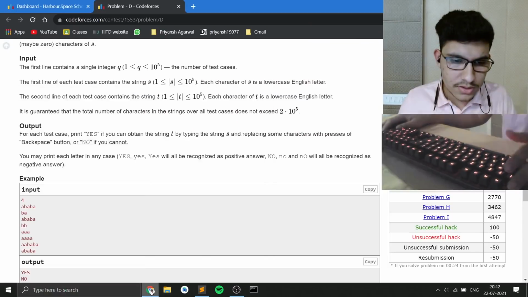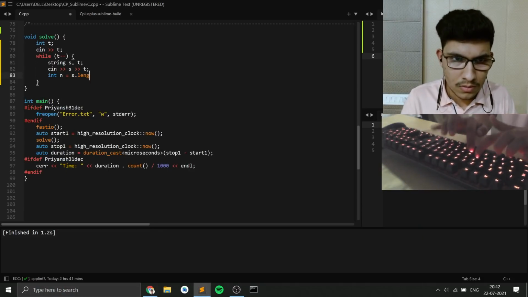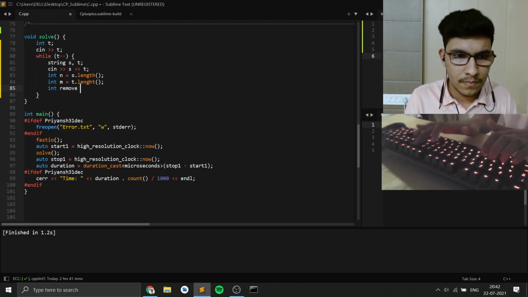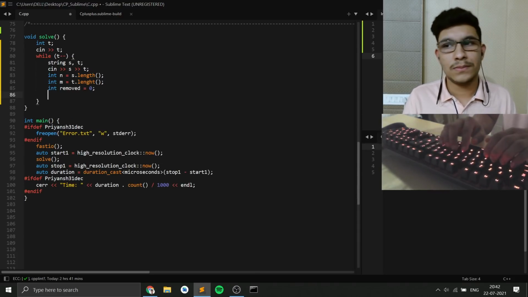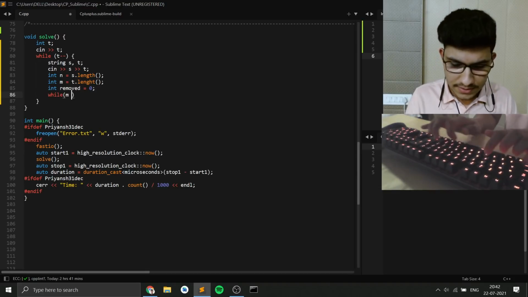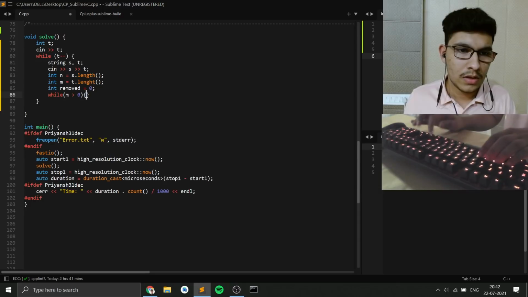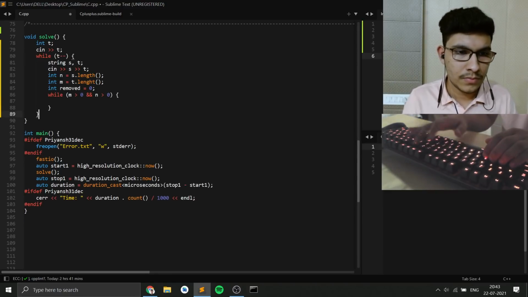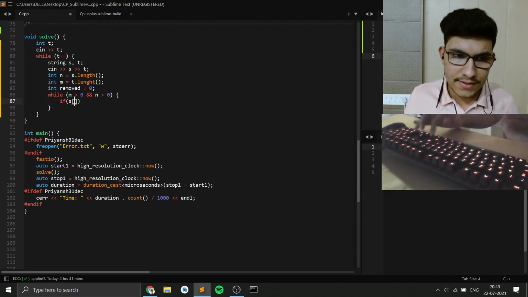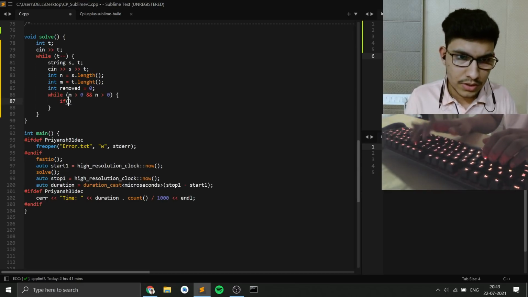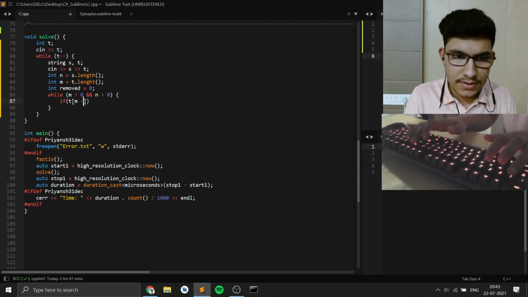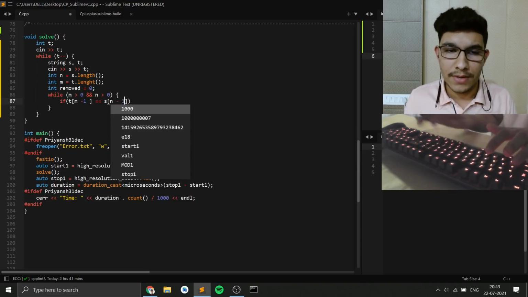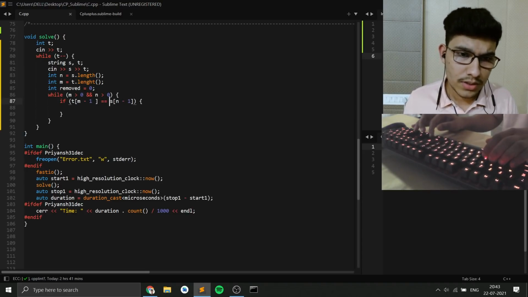So do I also get the length of the strings here in the input? No, I don't. Okay, so while m is greater than 0 and n is greater than 0, if t at m minus 1 equals s at n minus 1, then I can just include this, right?